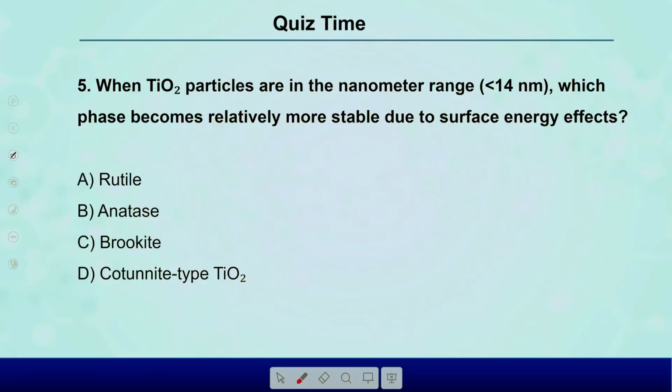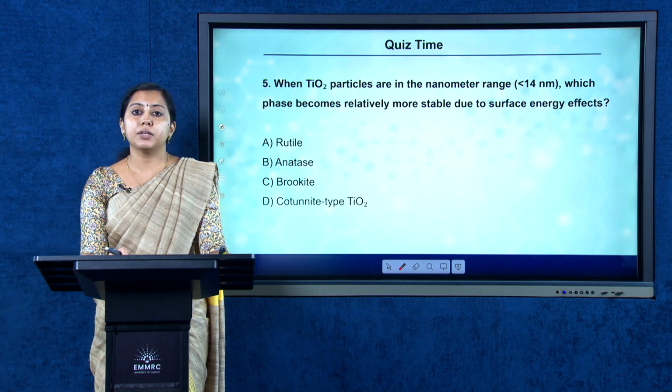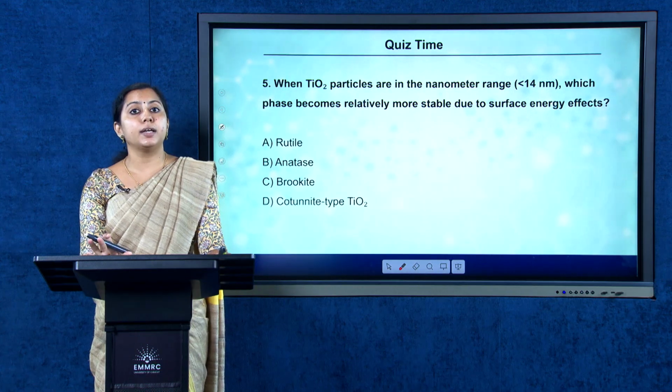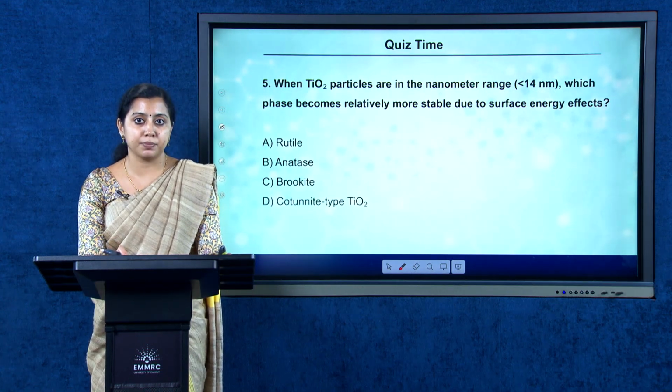Next question. When TiO2 particles are in the nanometer range, for example less than 40 nanometers, which phase becomes relatively more stable due to surface energy effects? Option A, rutile, option B, anatase, option C, brookite, option D, cotunnite type TiO2. We have seen that among the three polymorphs of TiO2, rutile is the most stable phase.